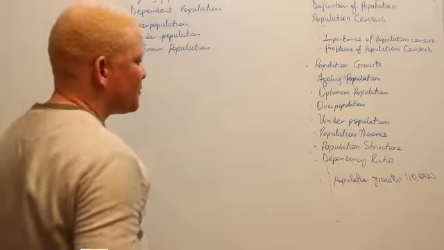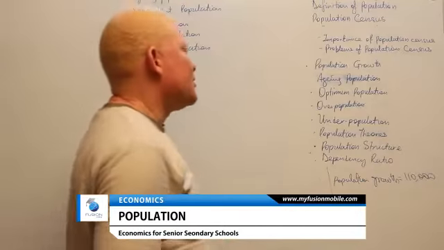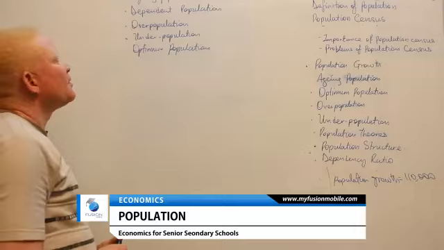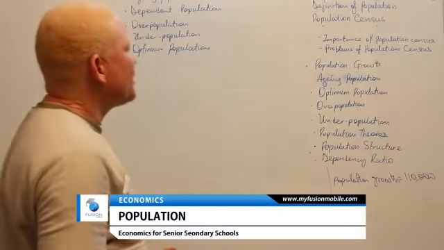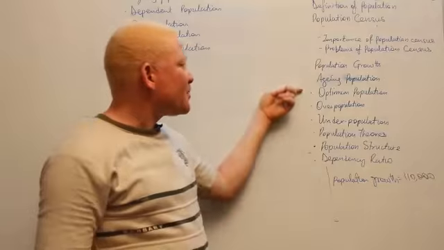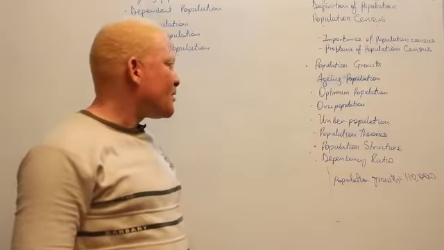Now these ones we have seen, we have some of them here. We have aging population, dependent population, overpopulation. Okay, we don't have the other ones.